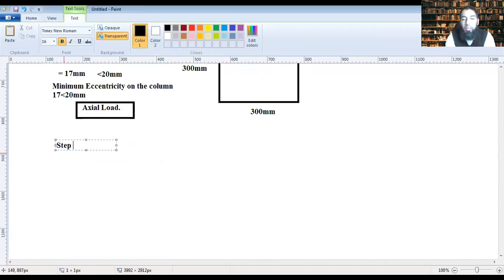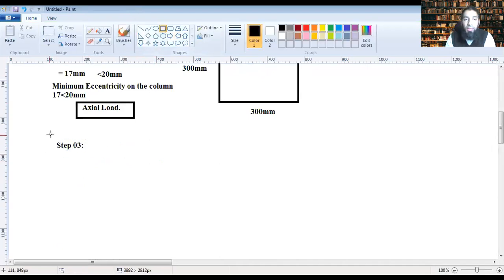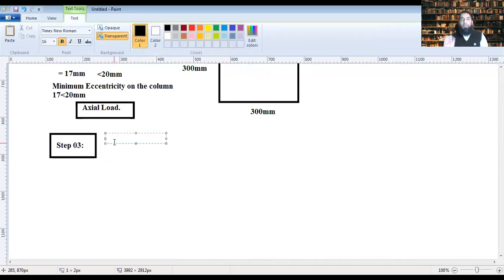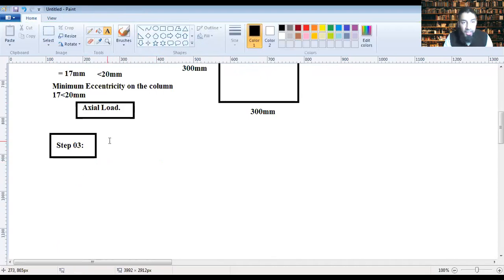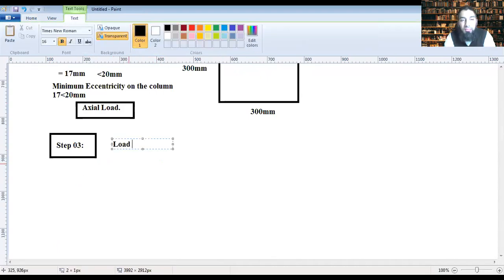So step number 3 then is to calculate the load which is acting on the column.